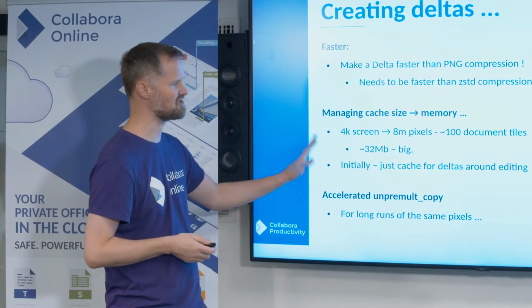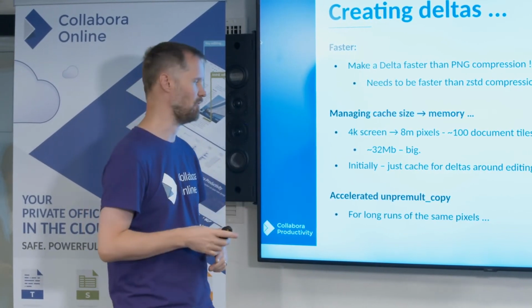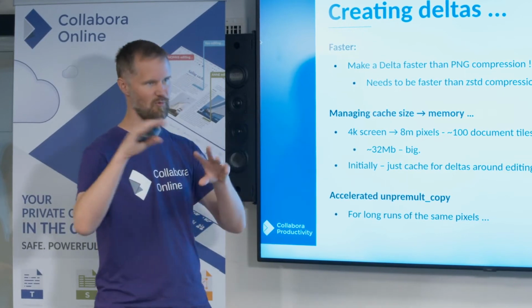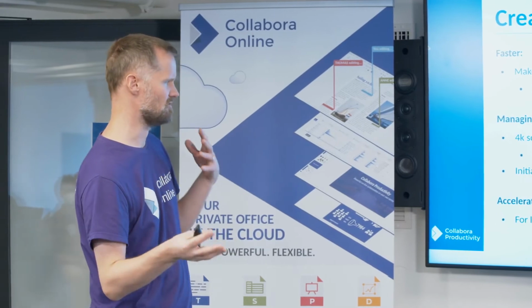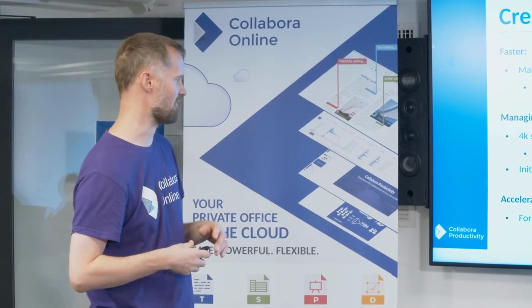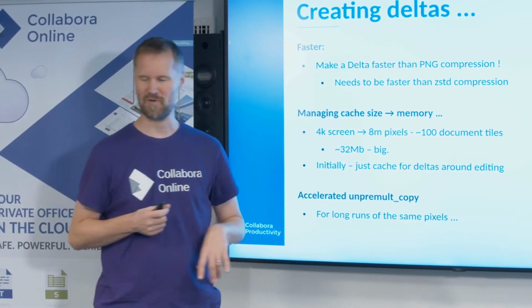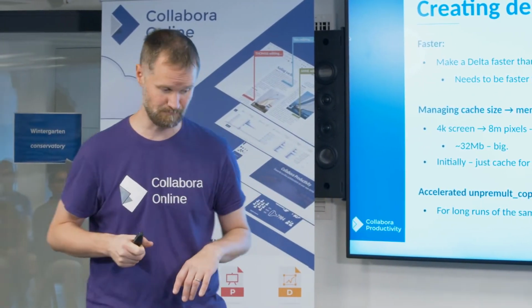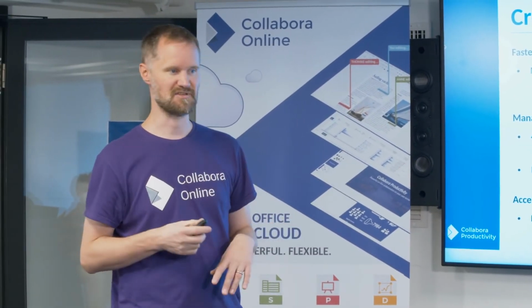So initially, we just did deltas around the area you're typing. Why not? So it's possible that we need to do a bit more work to make sure big invalidations don't happen, because it's slightly harder to keep the memory around to detect that. But we have some ideas there. There's also this wonderful unpremult copy thing. For one reason and another, we render into pre-multiplied alpha buffers.